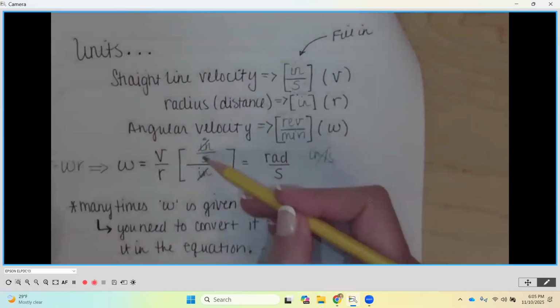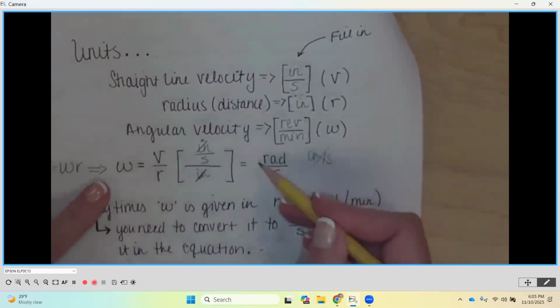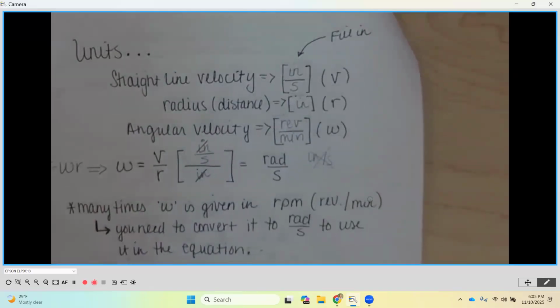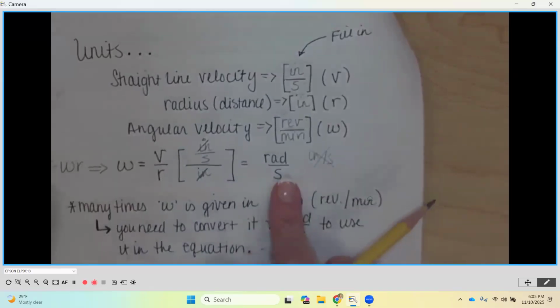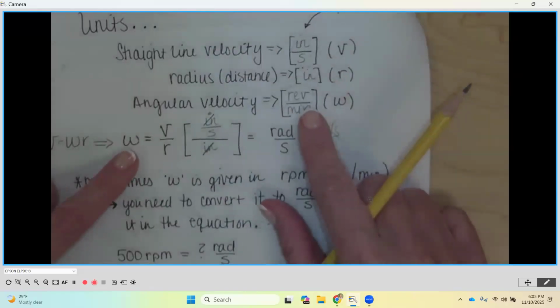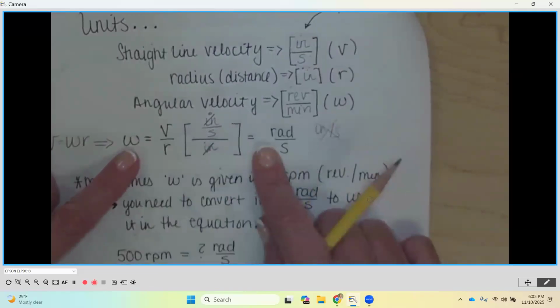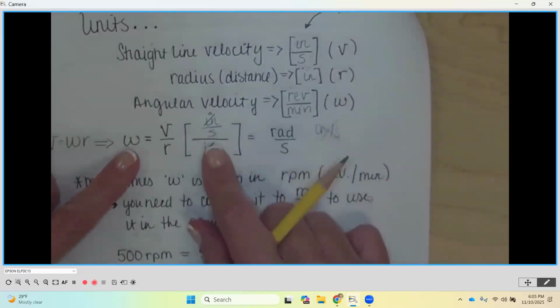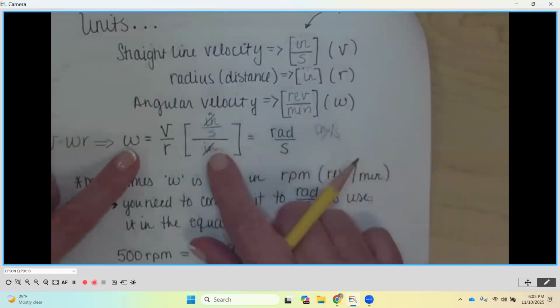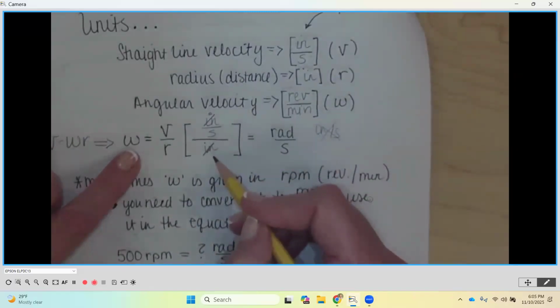But here, if I do my units correctly and they cancel out and I end up with that W in radians per second, I know I set it up correctly. Why is this important? Remember, angular velocity is W. We had revolutions per minute, and then in this equation, when we put the velocity and the radius in, we ended up with radians per second because of the cancellation.